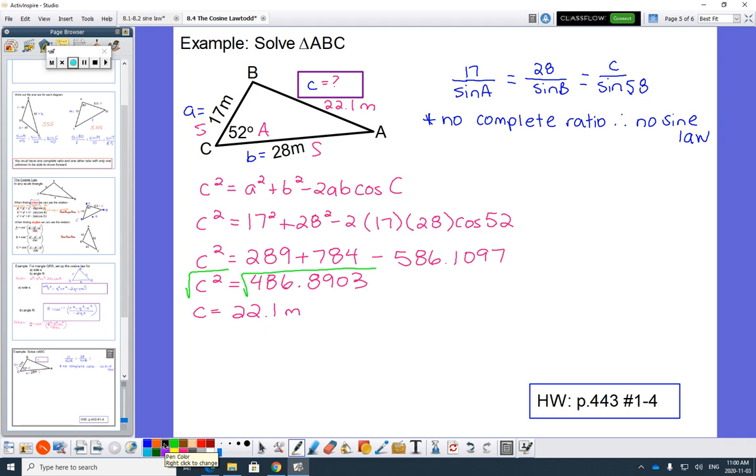And it actually really doesn't matter because we have side A and side B. What angle would you like to solve for first? A? Let's do it.